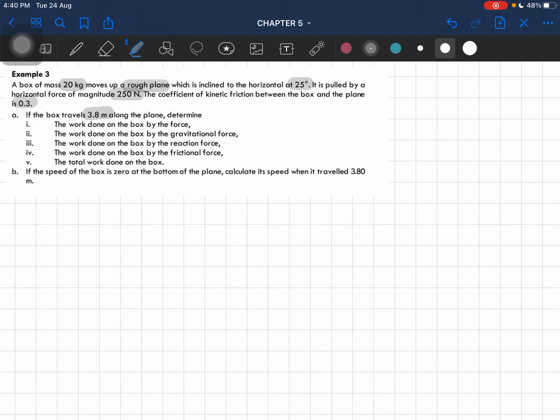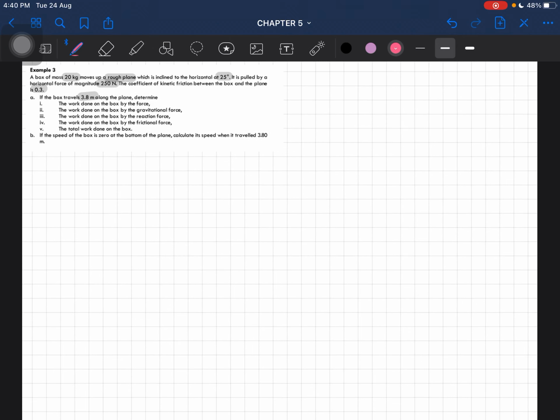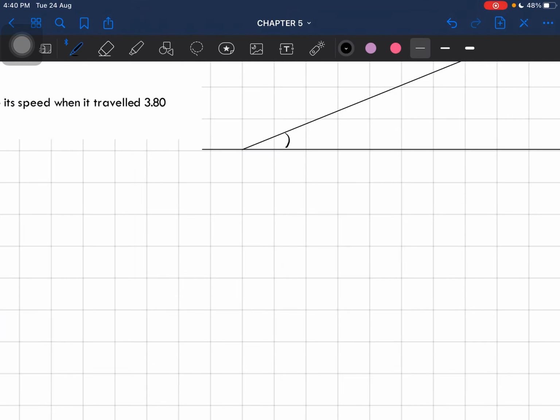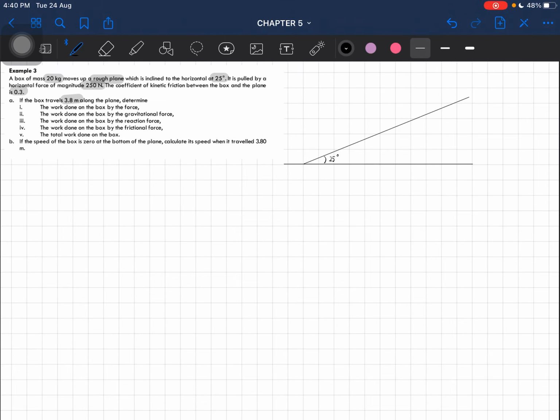Okay, so now what we have to do is imagine the situation. So how do we imagine that? We are gonna draw it. Okay, so there's an inclined plane. This is your inclined plane. It is 25 degree to the horizontal. And then we have this box, something like that.